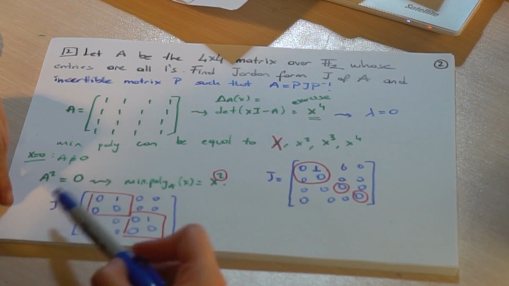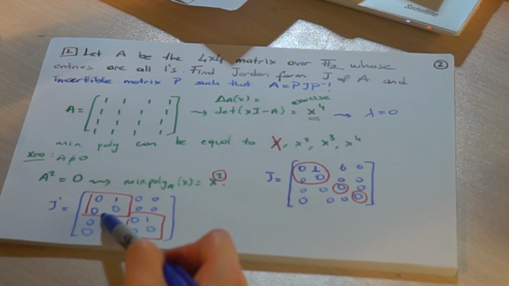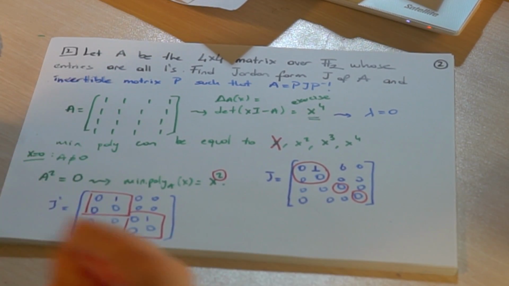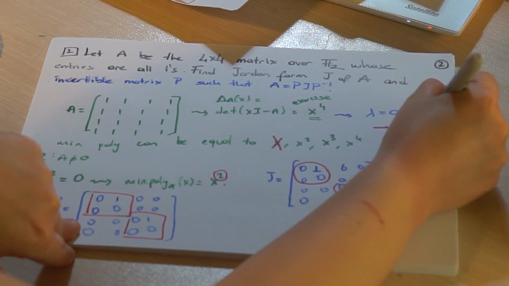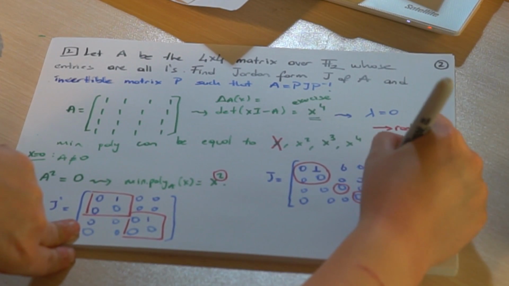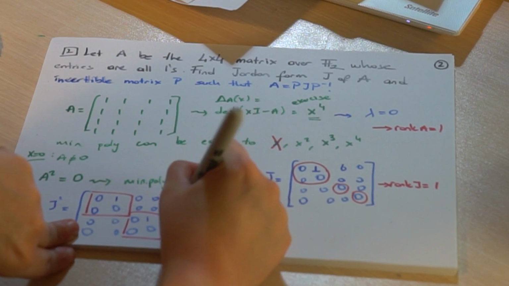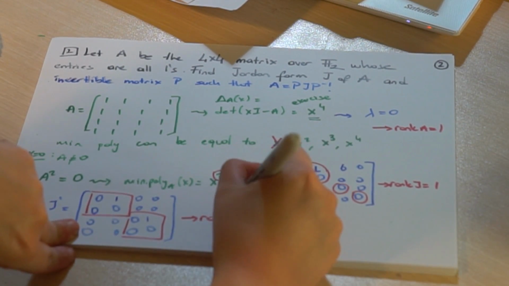So our Jordan form is one of these. Let's look at the ranks. Rank A is equal to 1, right? And rank J, let's say this J, rank J is again 1, and rank J prime is 2.